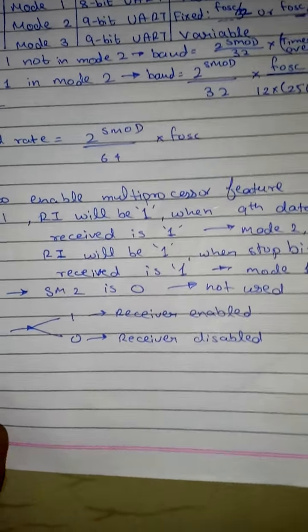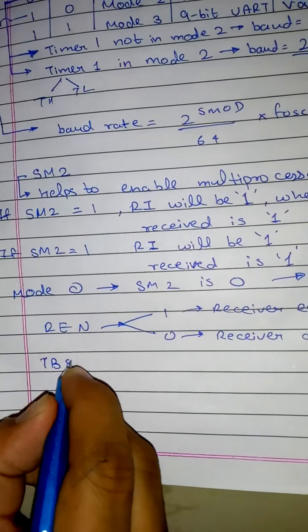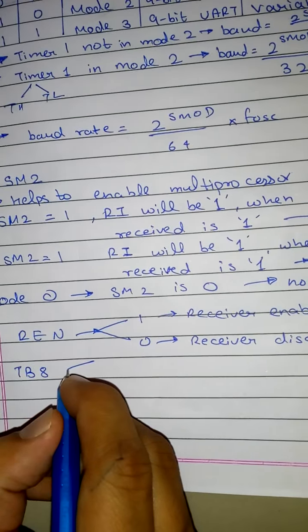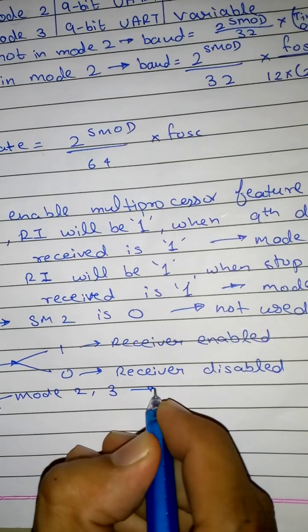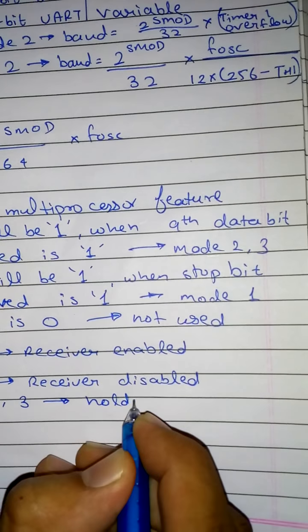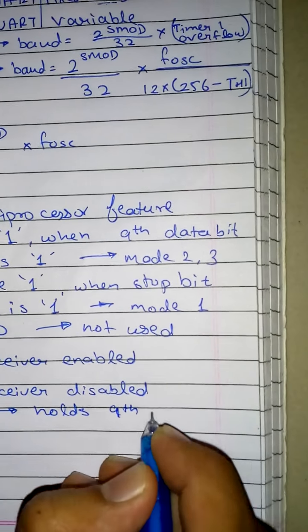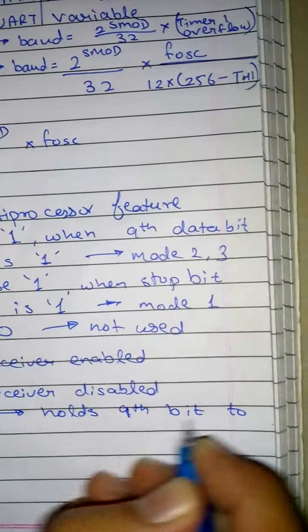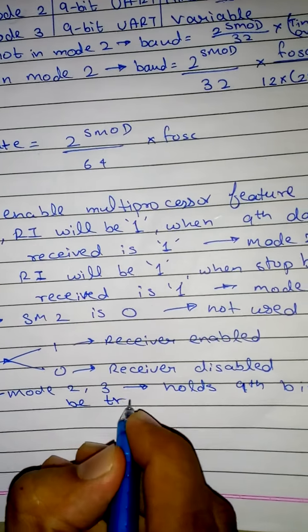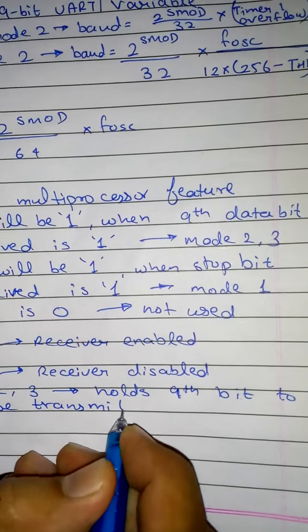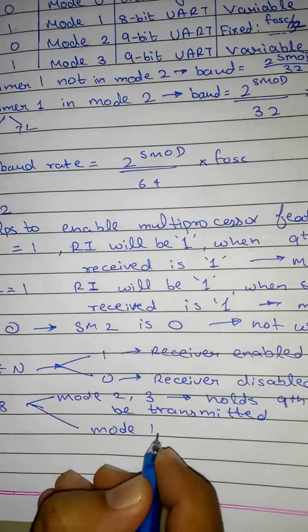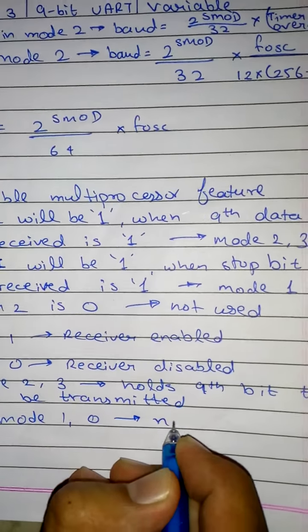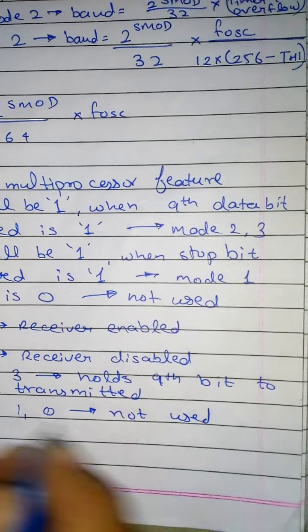So TB8 in mode 2, 3 holds the 9th bit to be transmitted, and in mode 1, 0 it is not used.